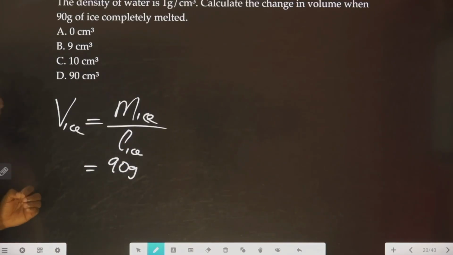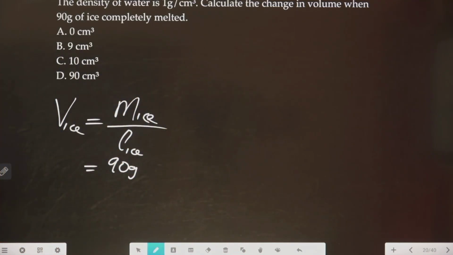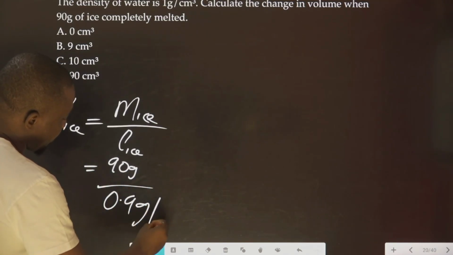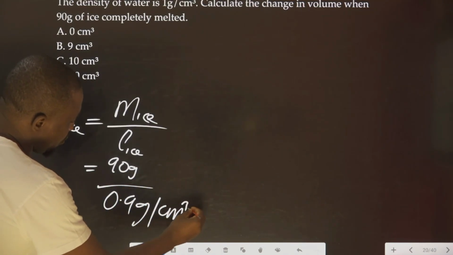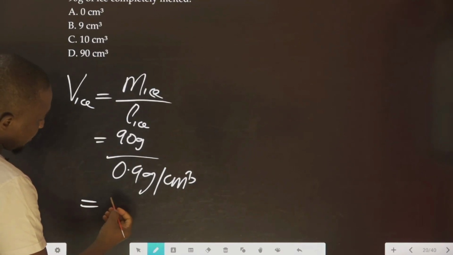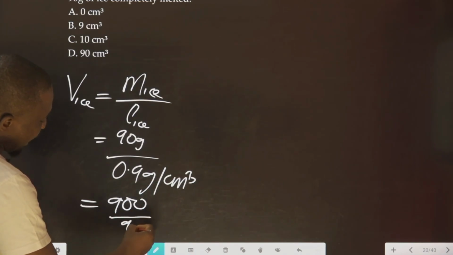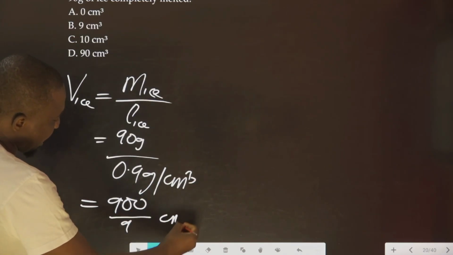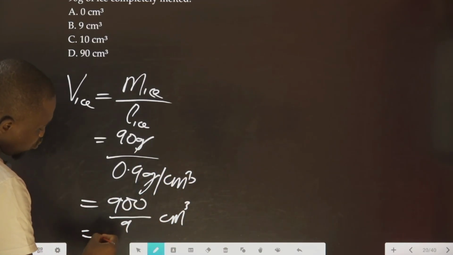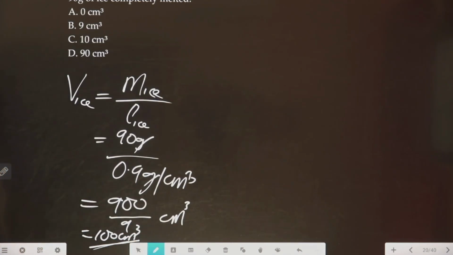The density of ice by default is 0.9 gram per centimeter cube. So therefore, we're going to put here 0.9 gram per cm cube. If you calculate this now, you're going to have 900 over 9 in cm cube, because this and this will cancel. This will give us 100 cm cube. That is the volume.